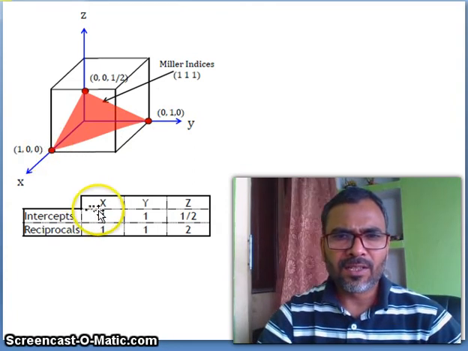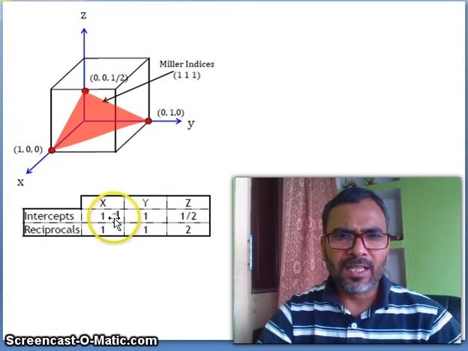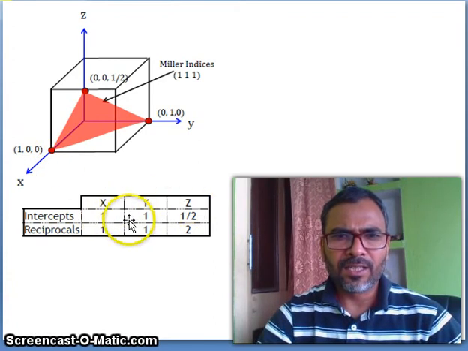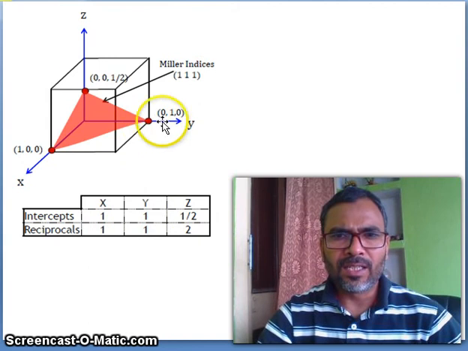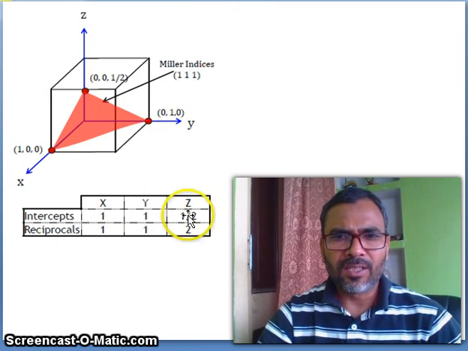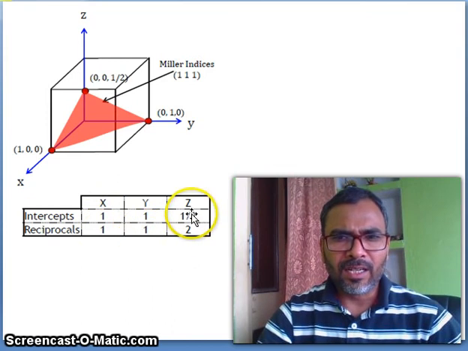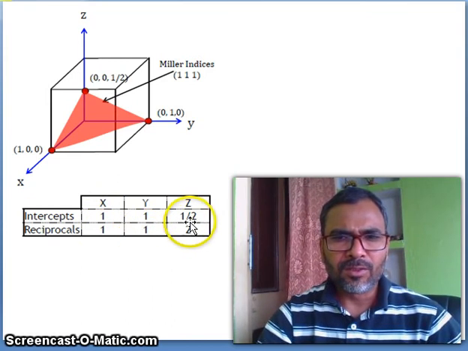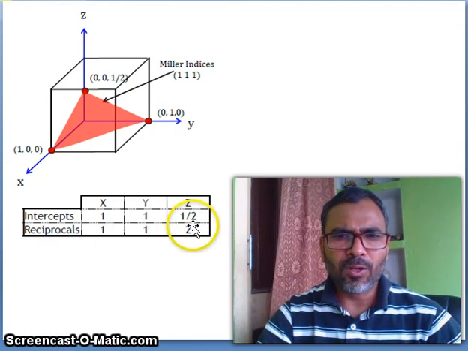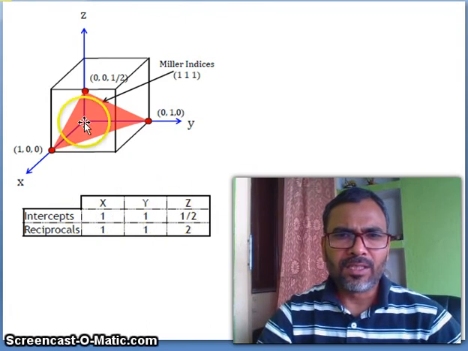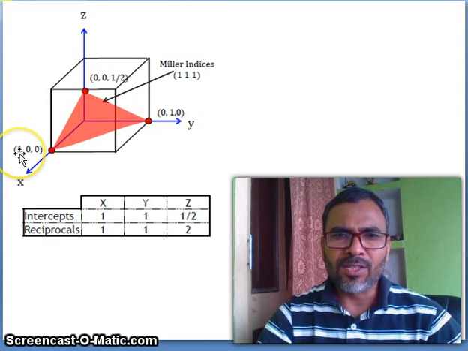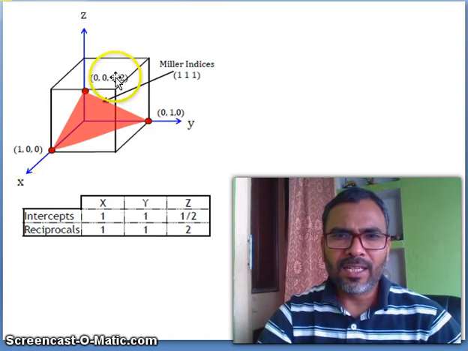So for x, y, z, the intercept is 1 for x, 1 for y, but for z you see half. So reciprocals: 1 by 1 is 1, 1 by 1 is 1, and 1 by half becomes 2. So this is the reciprocal and this is the intercept. Always remember, the first value is x, the second value is y, and the third value is z.